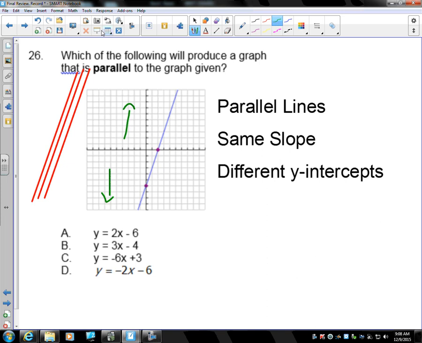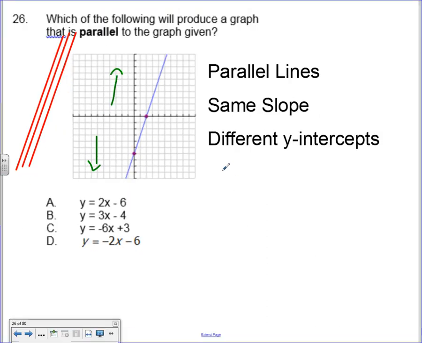So we know that slope from a graph is rise over run. Choose 2 good points, which in this case they gave us 2 good points already. So rise is either up or down. If it's up, it's positive. If it's down, it's negative. Run is always to the right, which is always positive.